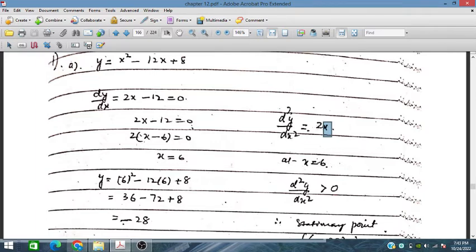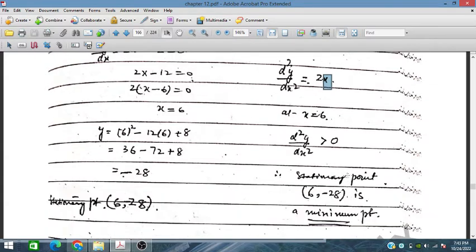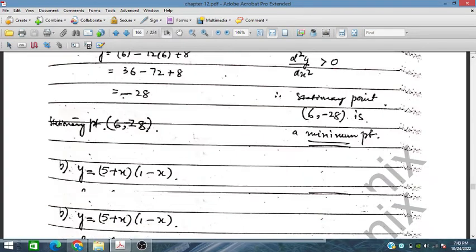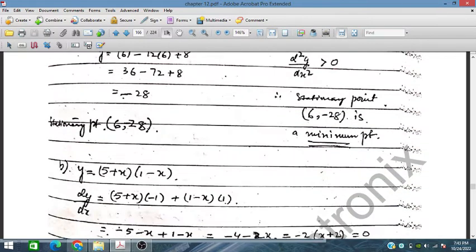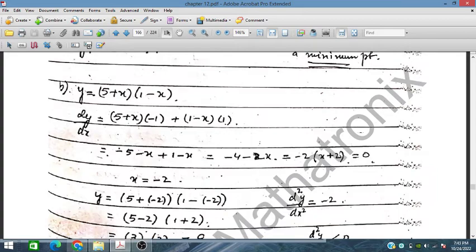At x equal to 6, this 2 is positive, so the stationary point is a minimum point. So d2y by dx square is equal to 2, only 2, which is positive. So this stationary point at x equal to 6 is the minimum point.